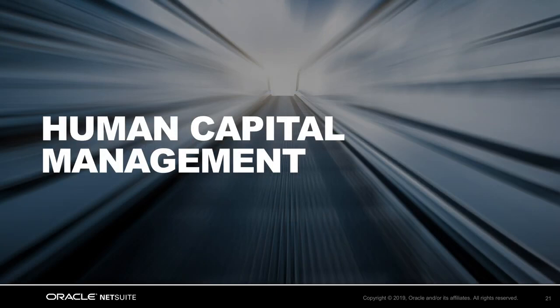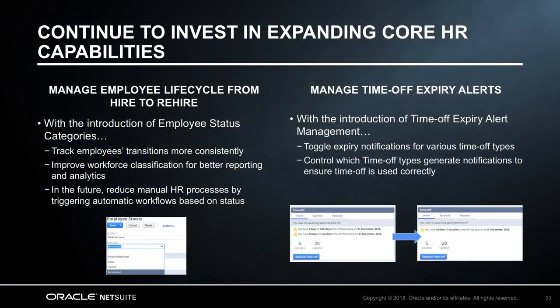Last but certainly not least, let me touch upon the highlights in the Human Capital Management area. In the 19.1 release, we're continuing to invest in expanding core HR capabilities. Previously, there was no standardized way to track the transitions an employee has as they move through the stages of their employee lifecycle.